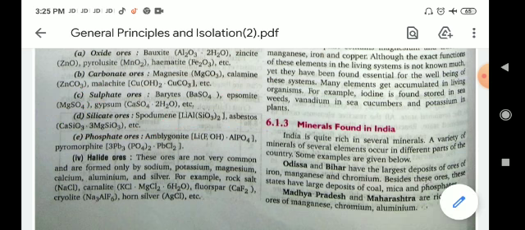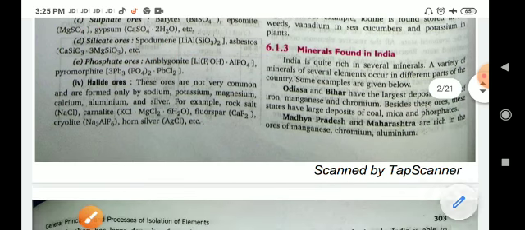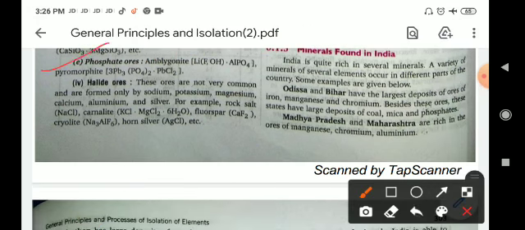Next are phosphate ores. Phosphate ores include amblygonite, formula lithium fluoride hydroxide aluminium phosphate, and pyromorphite, tri-lead phosphate with lead dichloride. Next are halide ores.